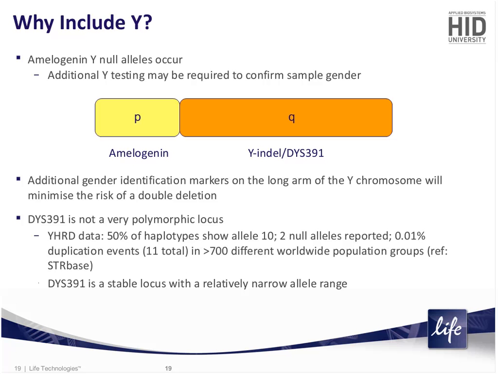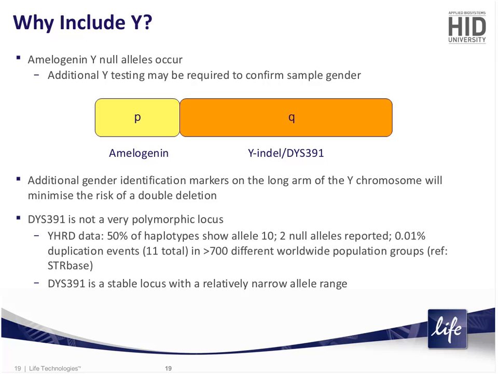Now, there are a lot of YSTR loci to choose from, so why was DYS391 chosen for this particular purpose, bearing in mind it's designed to be a redundant gender determination marker for amelogenin? Well, based on the information on the Y Haplotype Reference Database, 50% of haplotypes on that database show allele 10 for DYS391, and only 2 null alleles have been reported in all of the data on that database.